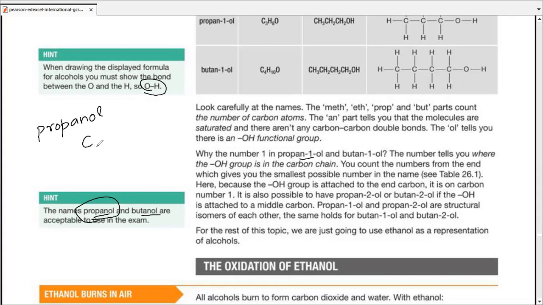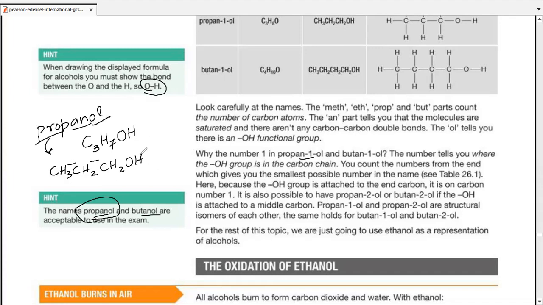When I use the term propanol, the formula is like this, C3H7OH, or the structure is something like this, CH3CH2CH2OH. The word prop means the 3 carbon atoms. The word an means that they are singly bonded.